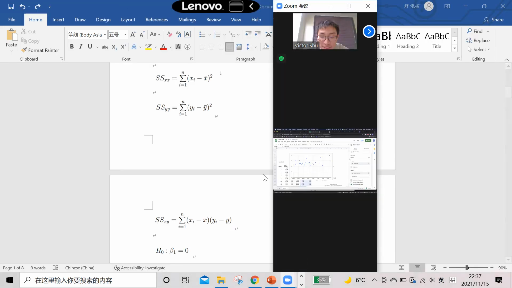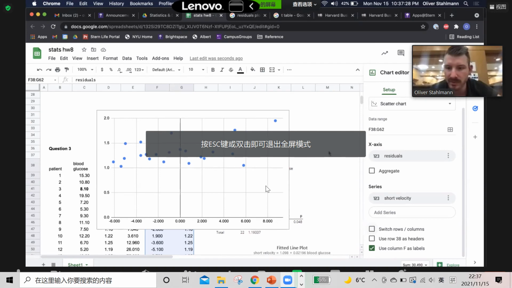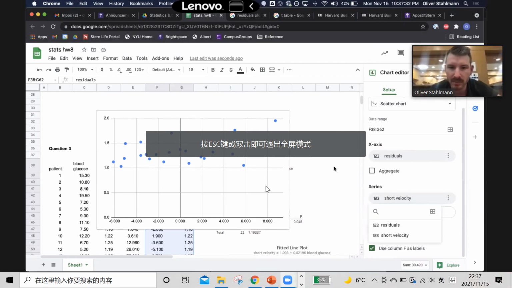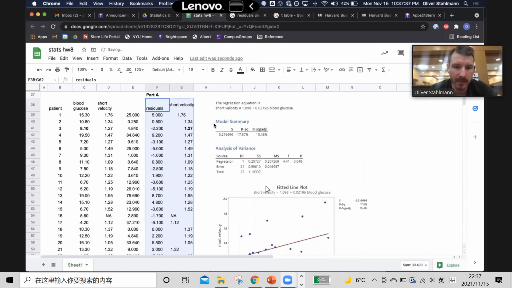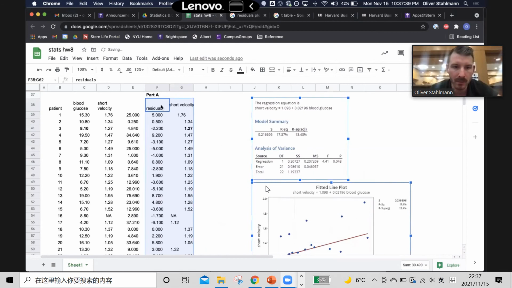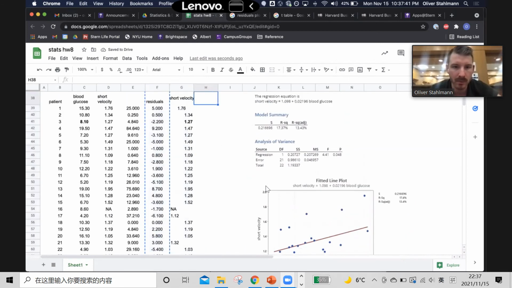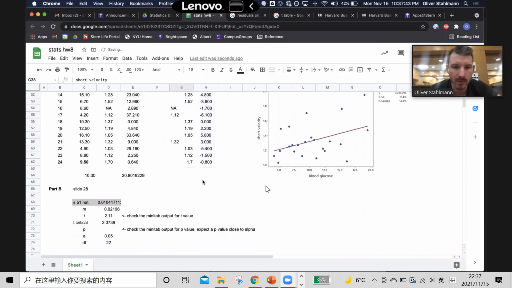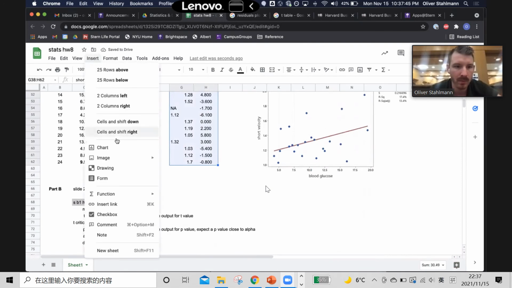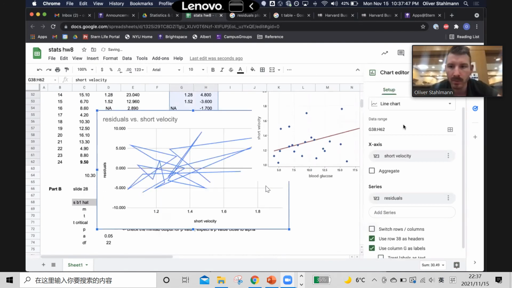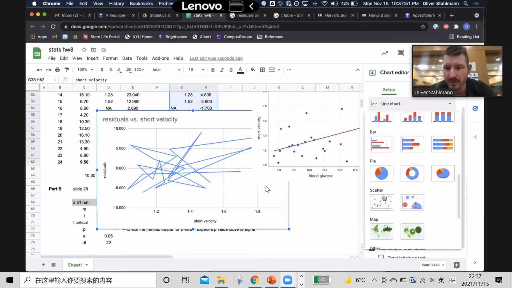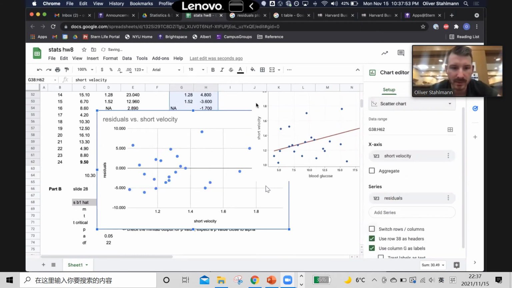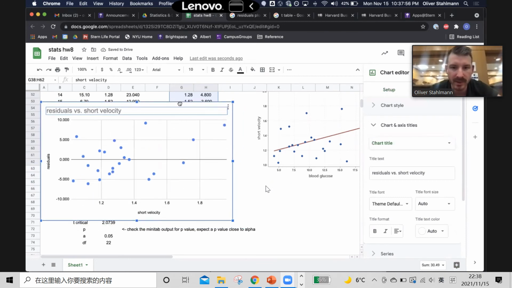I want to switch the X and the Y axis. How do I do that? Aha, this is the same.